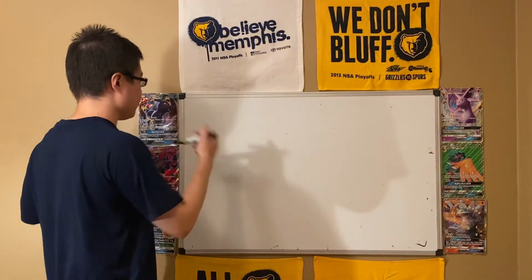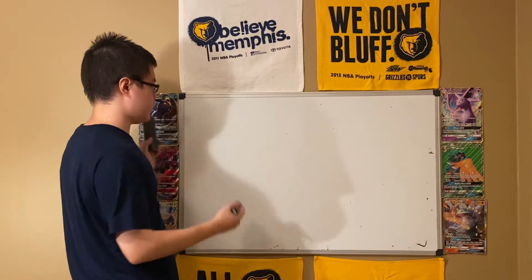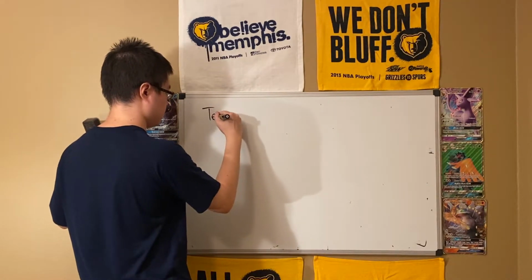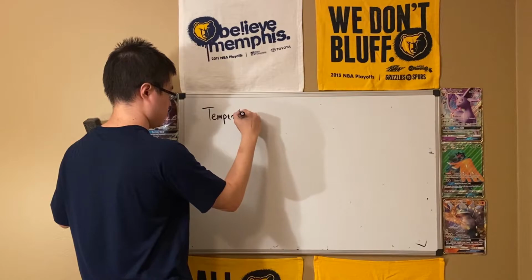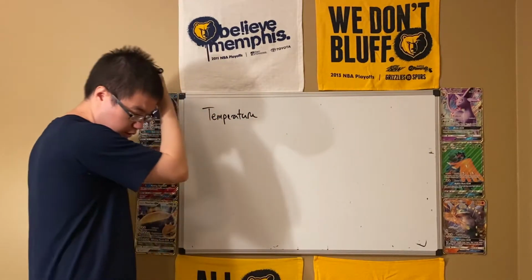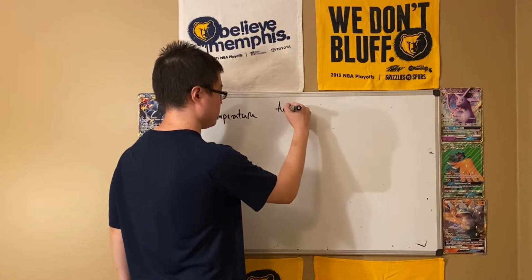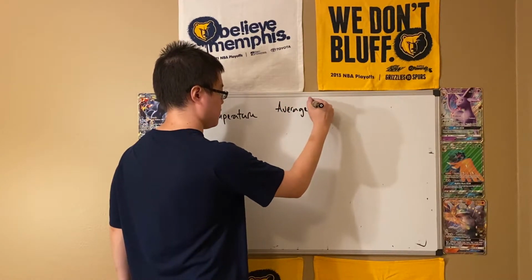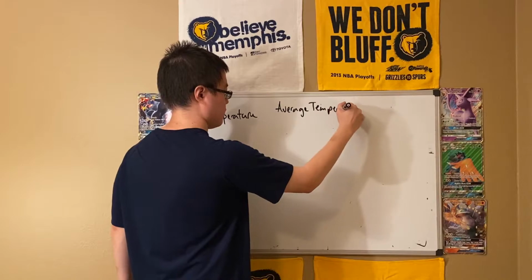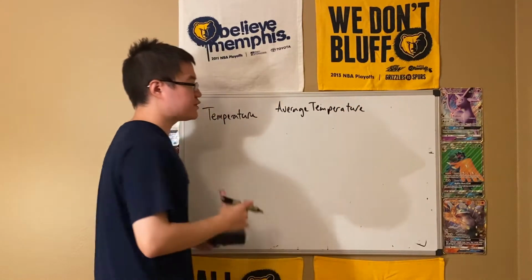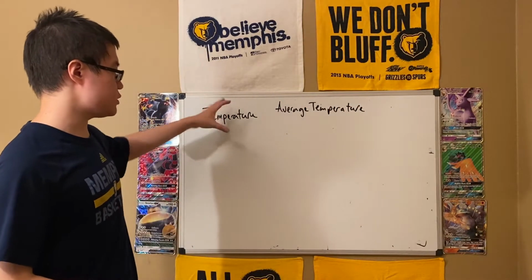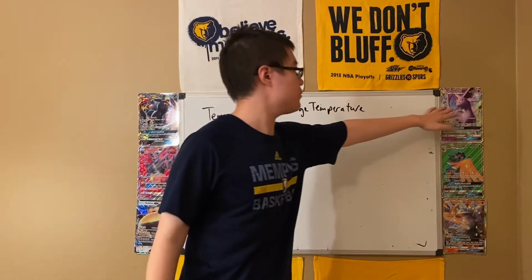So let's talk about it in a very generic sense in terms of temperature. Let's say we're given temperature and we wanted to find average temperature. Well, which formula will we do? That's the same thing as our example from before.